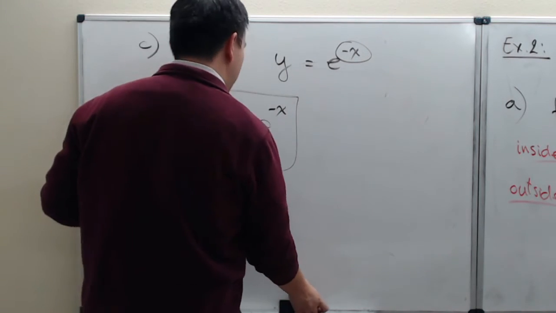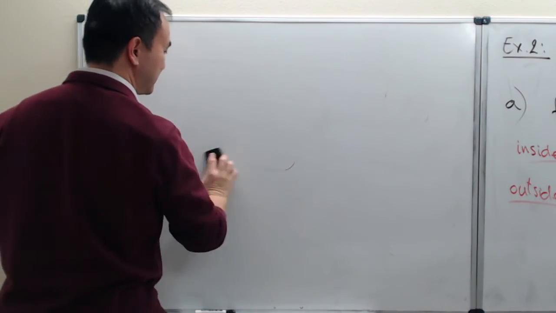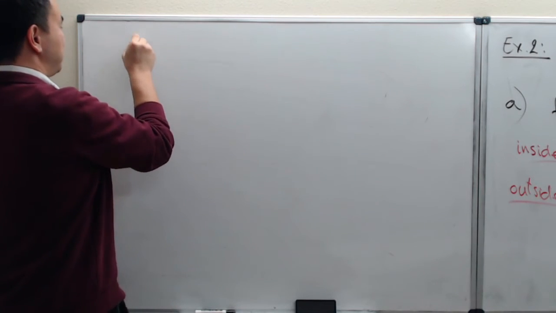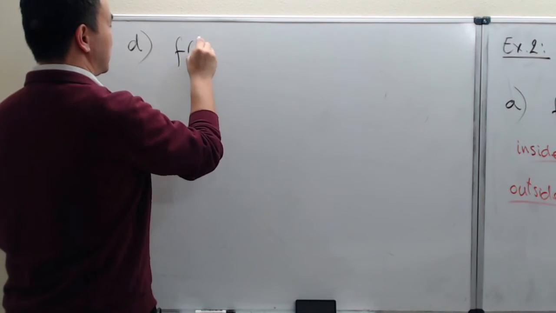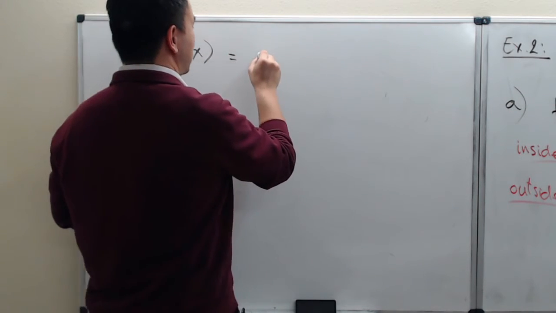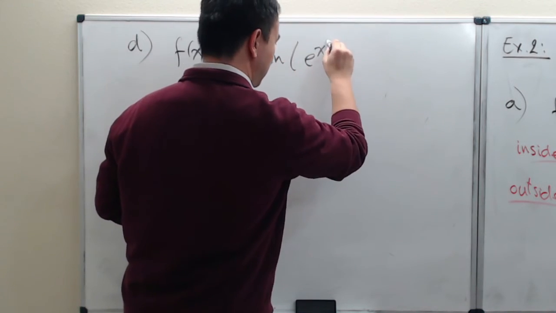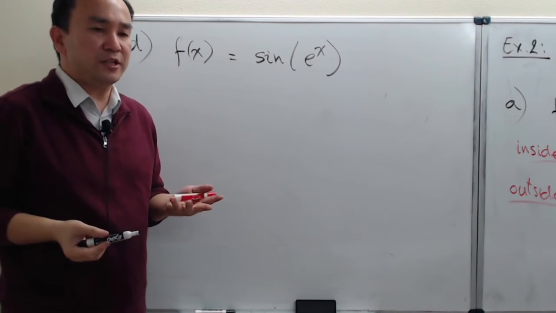So now let's look at part D right here, where I can lead the way. What about another problem? How about f of x equals sine of e to the x? And we're starting to have the chain rule applied all over.